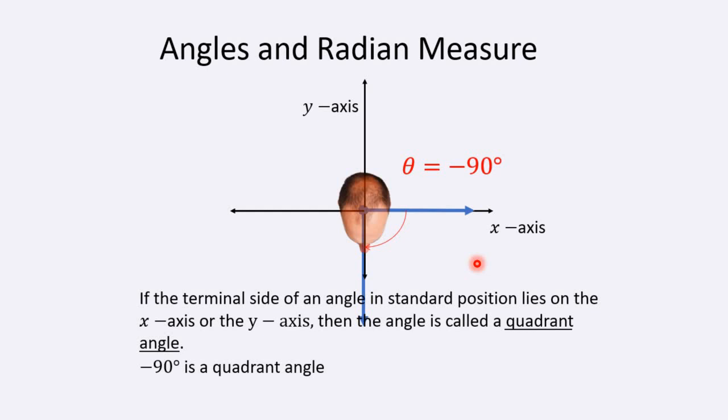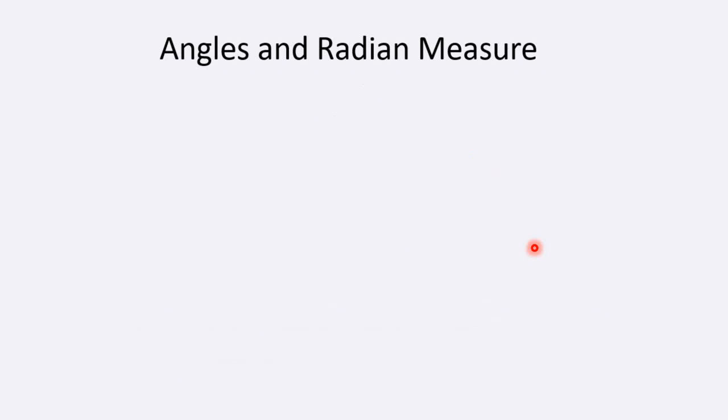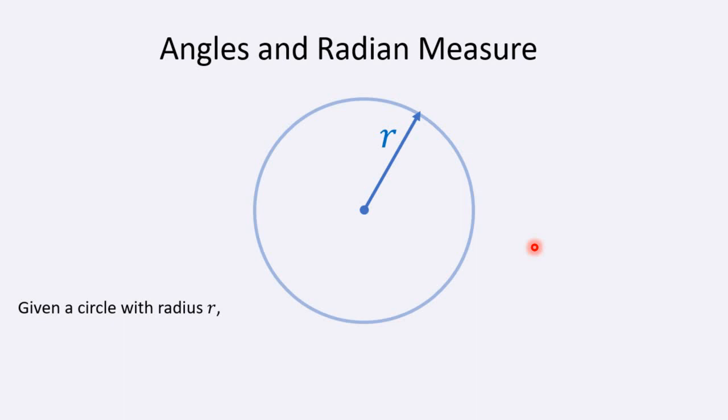All right. So degrees are not the only kind of measurements that we have for angles. We can also measure angles in what are called radians. So let's talk about radians. What is a radian? Well, given a circle with a radius of r, we're going to look at an arc along this circle by creating an angle.